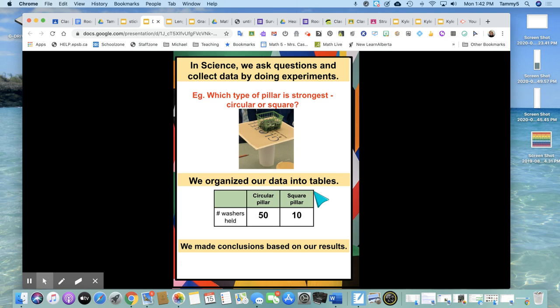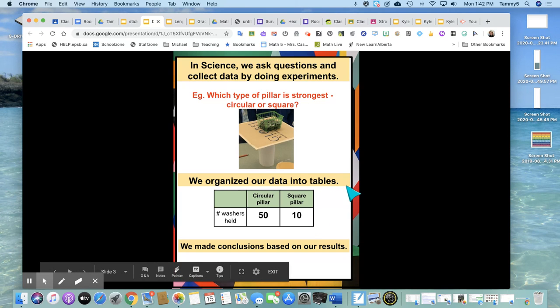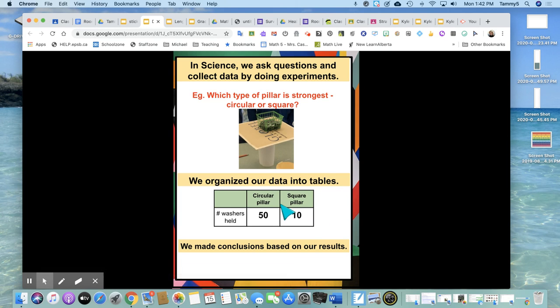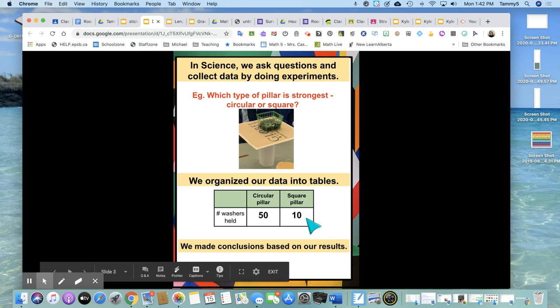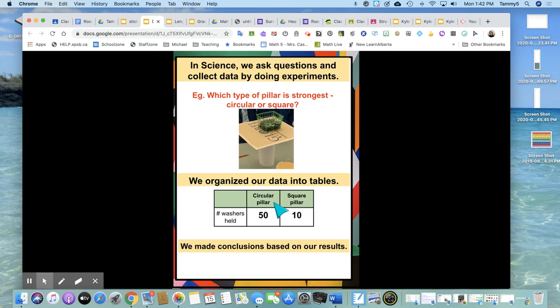We can then make conclusions based on our results. If you look at our table, the circular pillar held 50 washers compared to the square pillar, which only held 10. So we would say that the circular pillar is by far stronger than the square pillar.